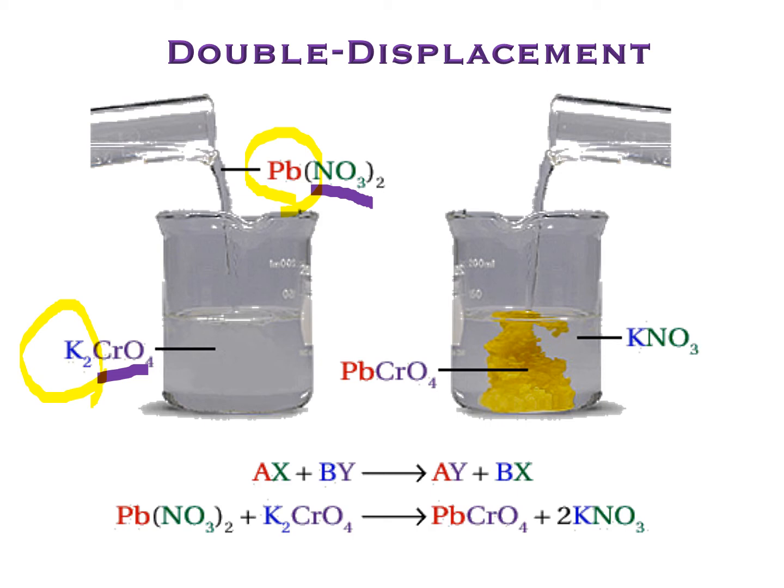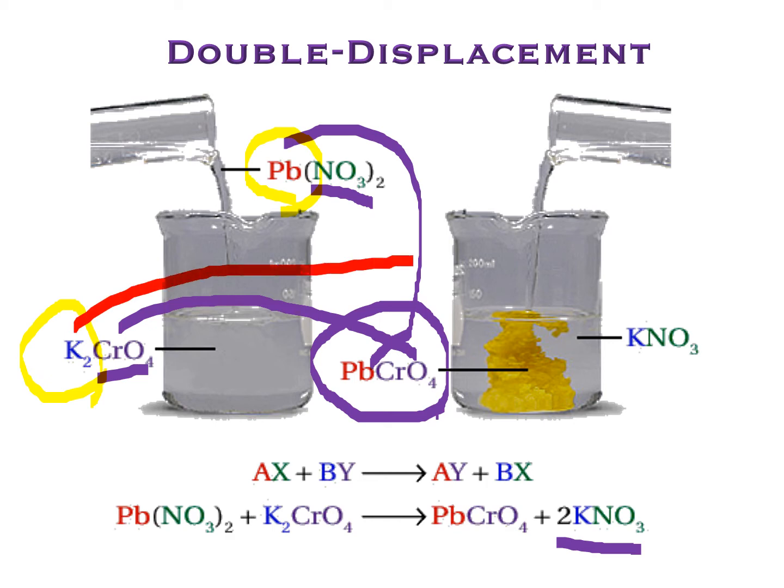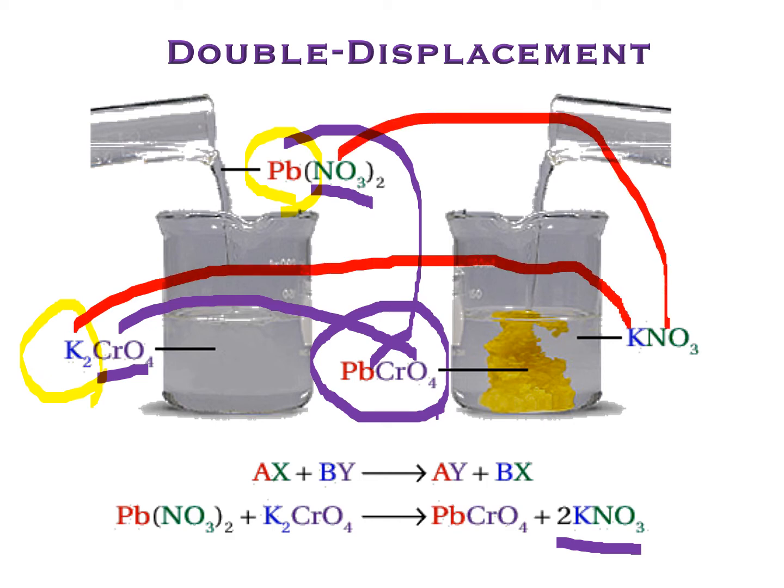Clearly, the potassium wanted the nitrate. So the potassium takes the nitrate, which displaces the lead from the nitrate, and it bails on the chromate, leaving that behind, and then you wind up with lead chromate getting together from the leftovers. The lead goes there, the chromate goes there. But really, this is what's driving it. It's really the potassium taking the nitrate that is driving this reaction.